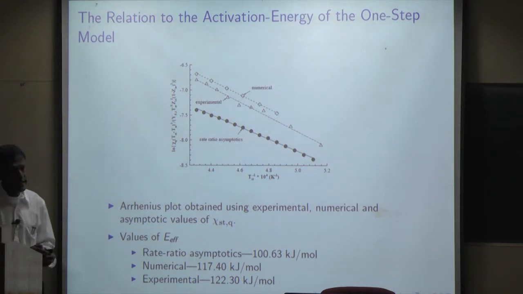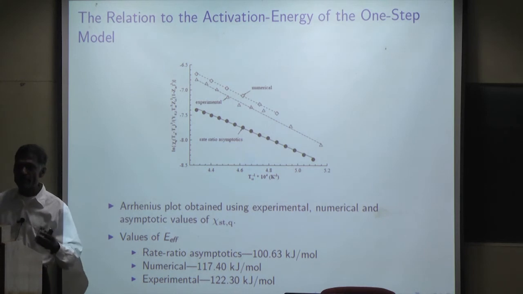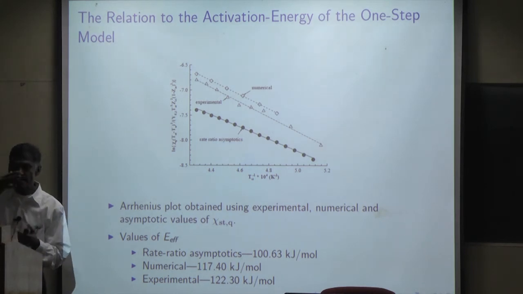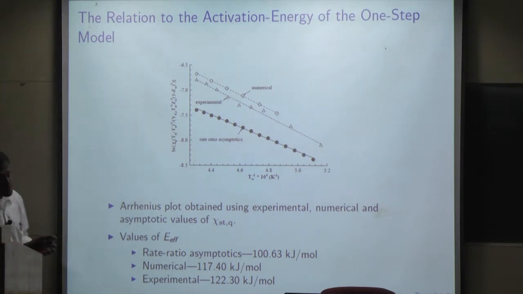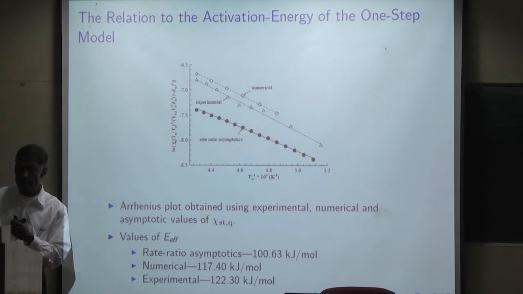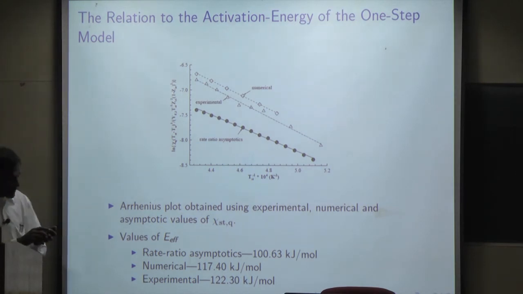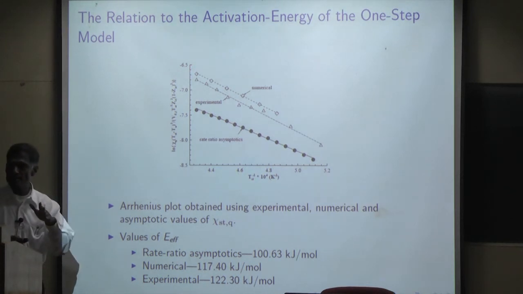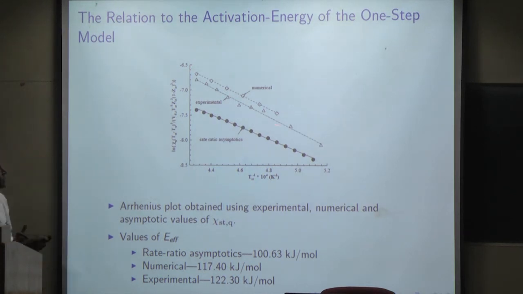In other words, you numerically calculate the flame, so I know what the scalar dissipation rate should be numerically from detailed kinetics. Then you try to obtain what my overall rate would have been had I done this calculation with one-step chemistry. So here are the numbers. If you use rate ratio asymptotic analysis, I get an overall activation energy of 100.